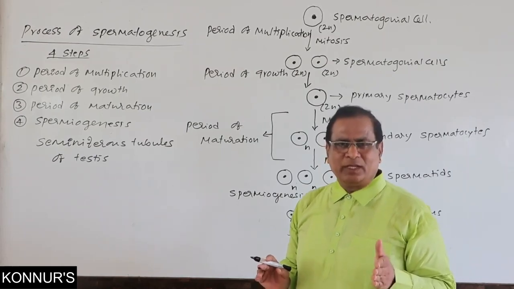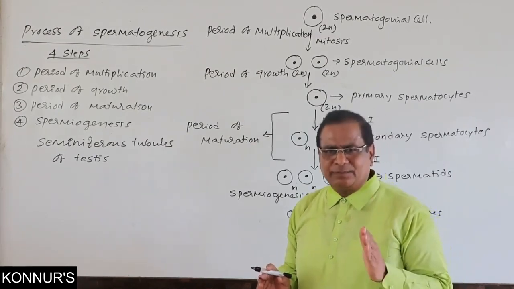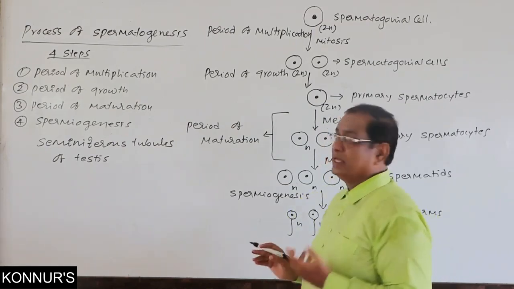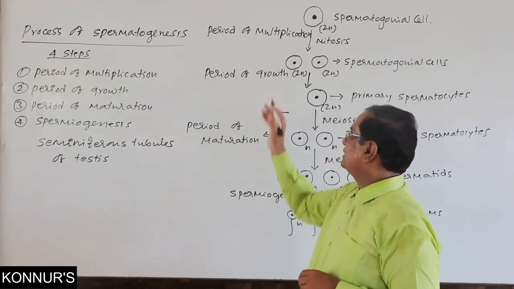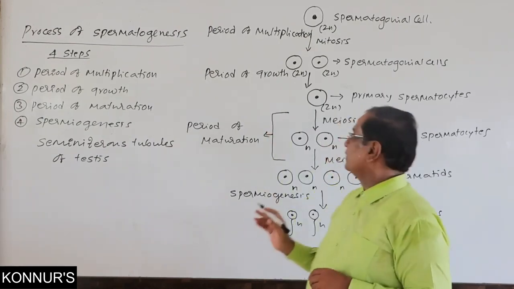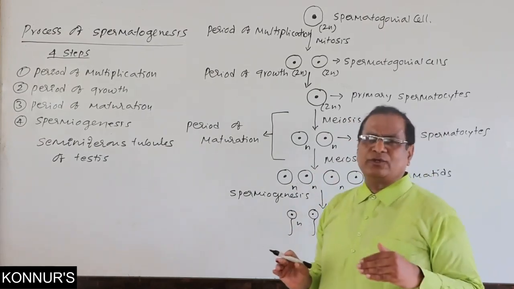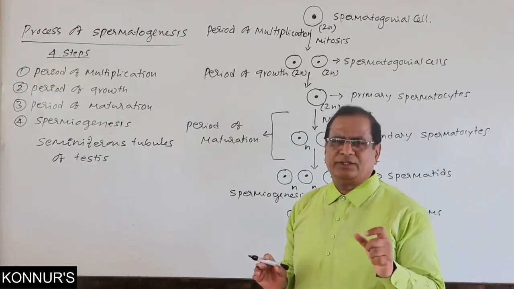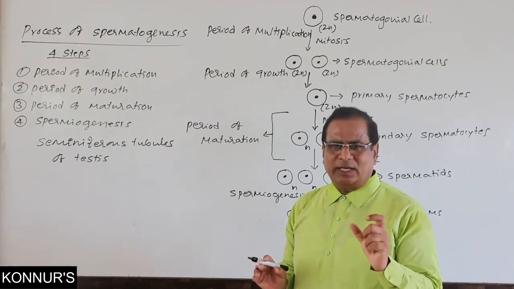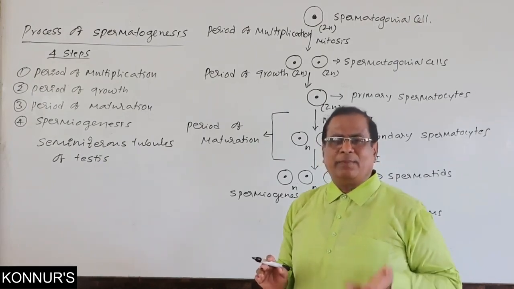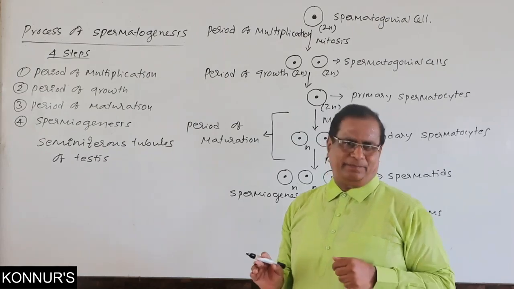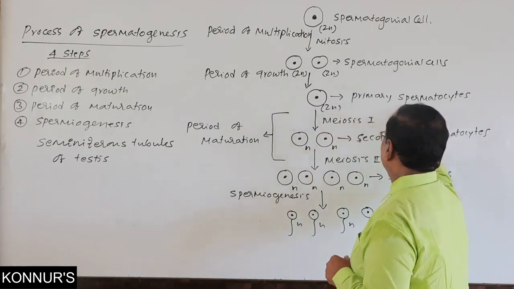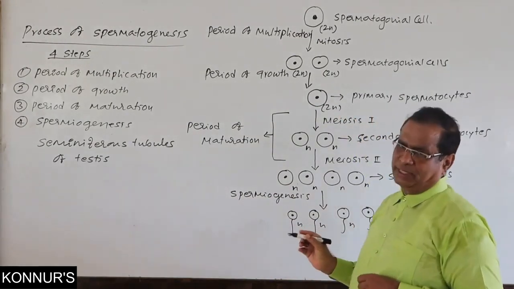As we know, sperm production takes place in terms of millions, so that we have more number of sperm mother cells. That takes place in period of multiplication. And the second step, all these spermatogonial cells undergo a period of growth, during which their cellular content as well as nuclear content are doubled or increased. And then those spermatogonial cells are named as primary spermatocytes.